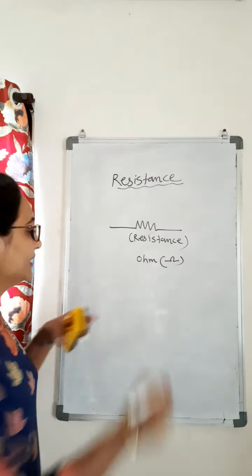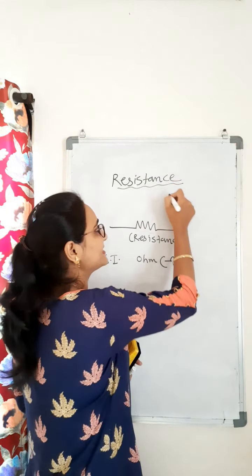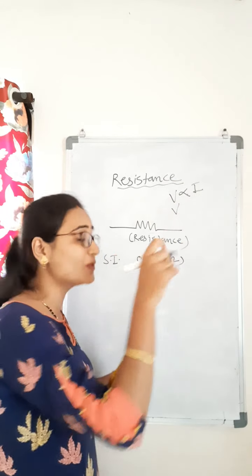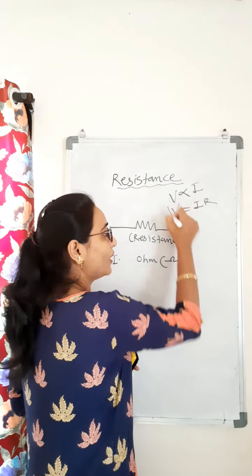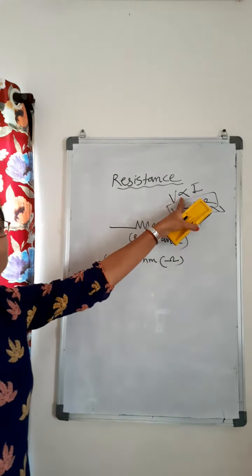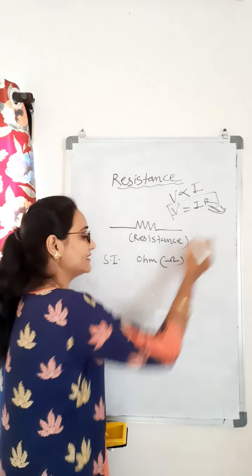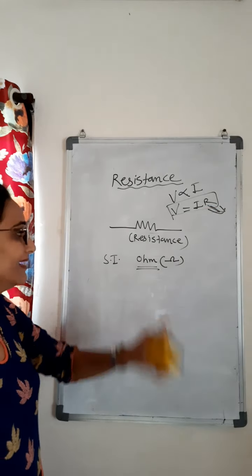We got resistance from the relation V is proportional to I, then when we remove the proportionality sign, we got V equals IR. From this relation we get resistance, and this relation is given by Ohm. Therefore, the unit of resistance becomes the ohm. Right?